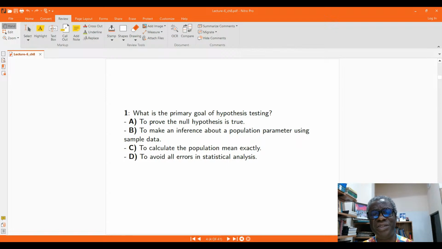C, to calculate the population mean exactly. D, to avoid all errors in statistical analysis. Type your choice.